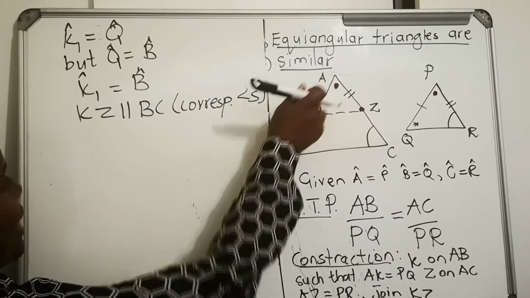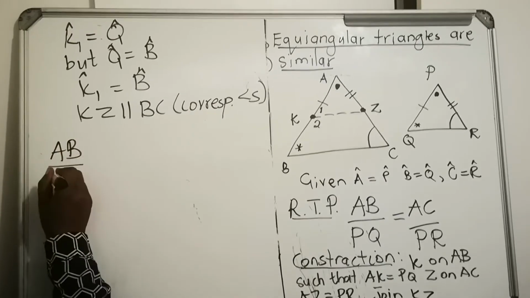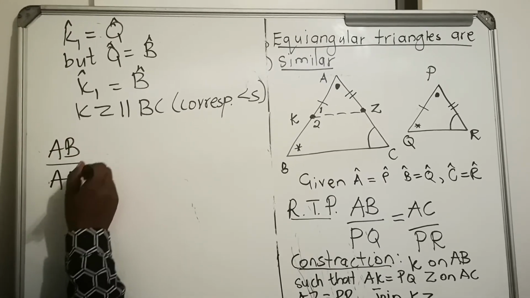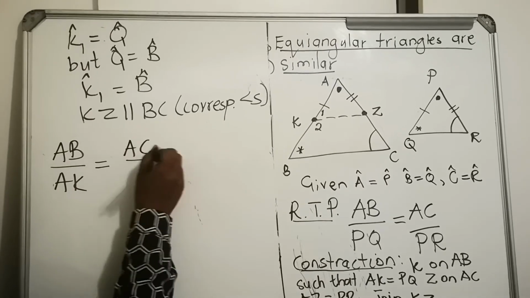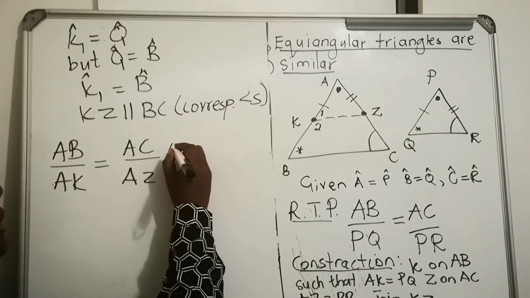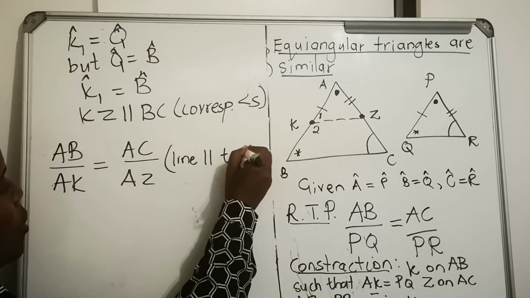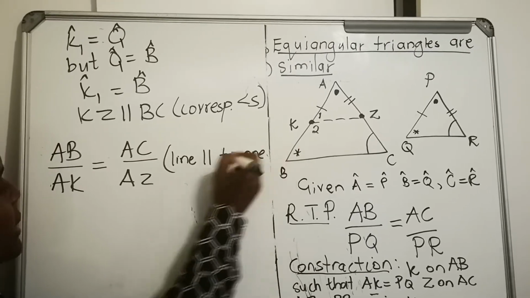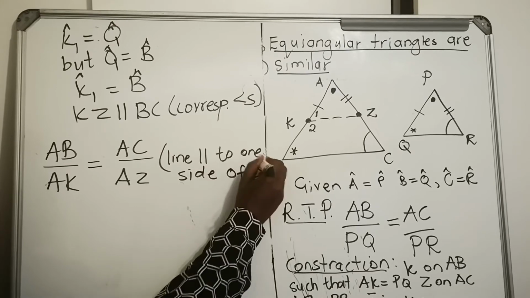So we're going to have AB over AK is equal to AC over AZ. And the theorem is line parallel to one side of a triangle.